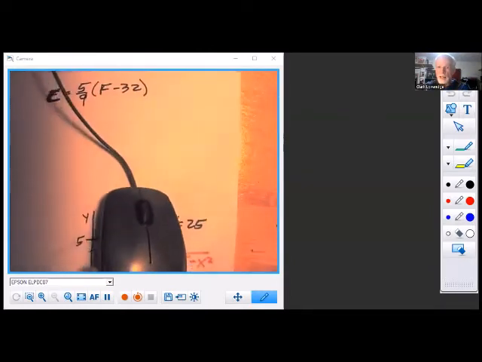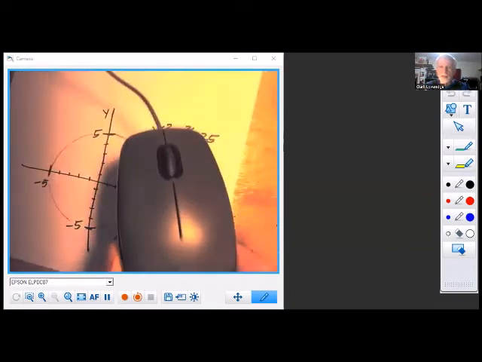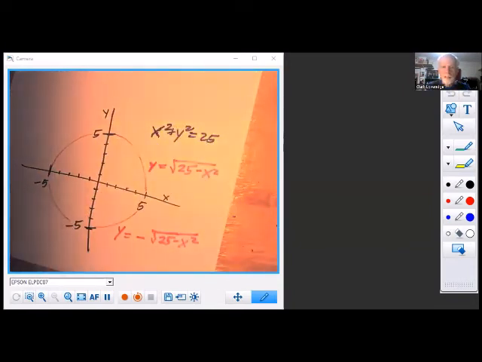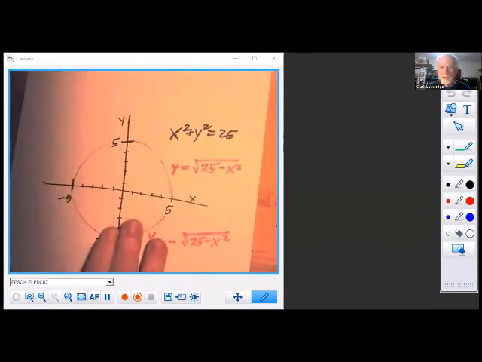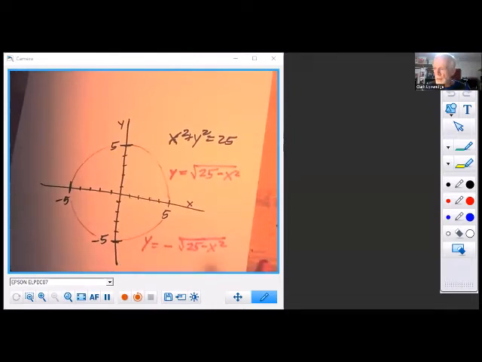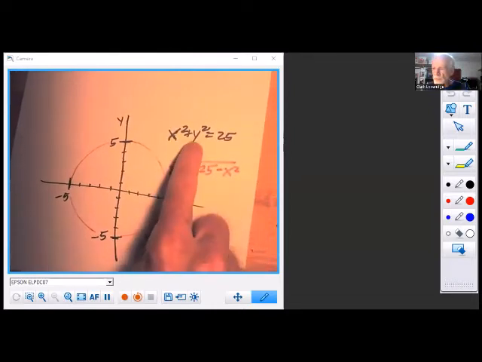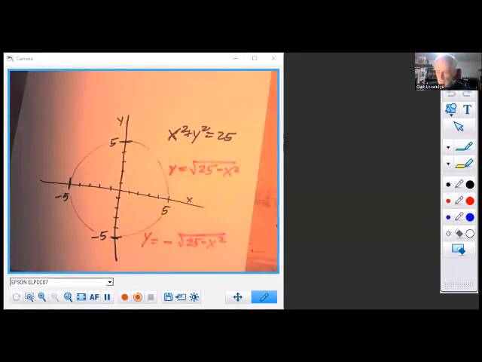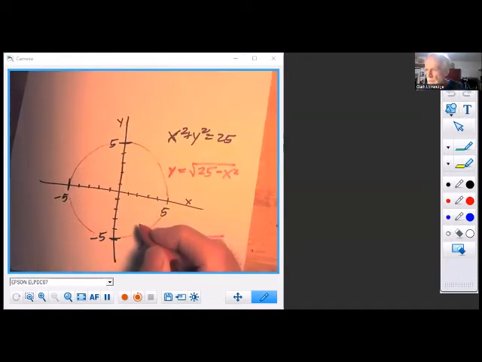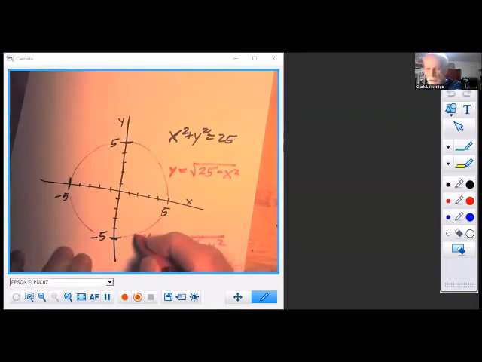An example of something that is not a function would be a circle. This particular circle is x squared plus y squared equals 25, and some x values have two different y values.